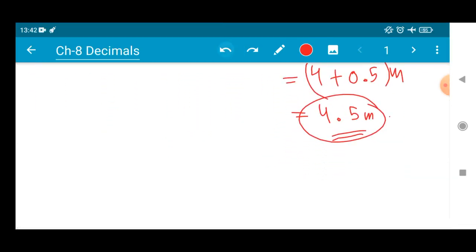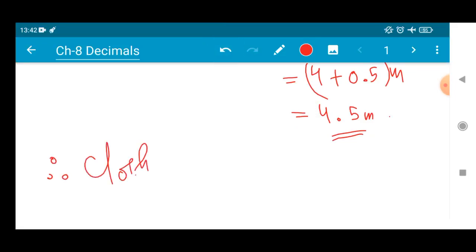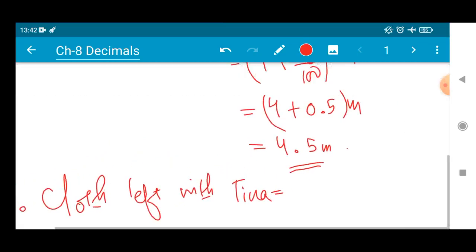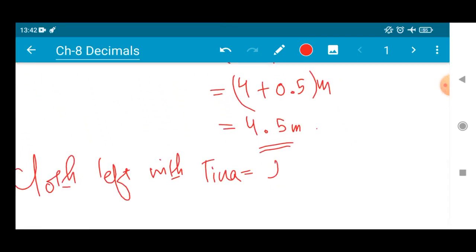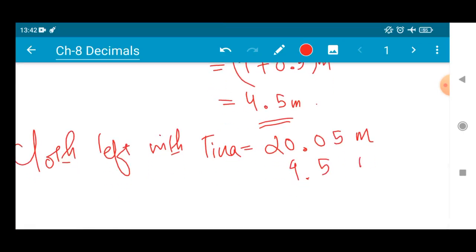Now after she cuts the cloth, what is the total length left with her? Cloth left with Tina is equal to, so at first she had 20.05 meter cloth, total length. Now she is cutting 4.5 meter length cloth.